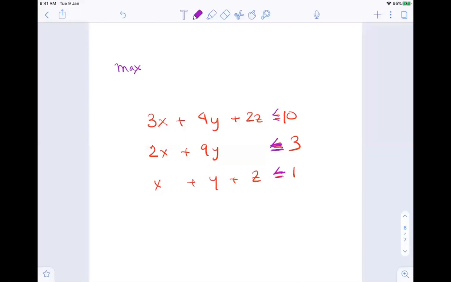Can I say maximize, say, 7x plus 19y plus 5z, something like that.